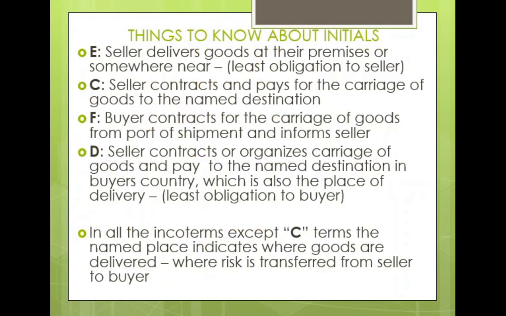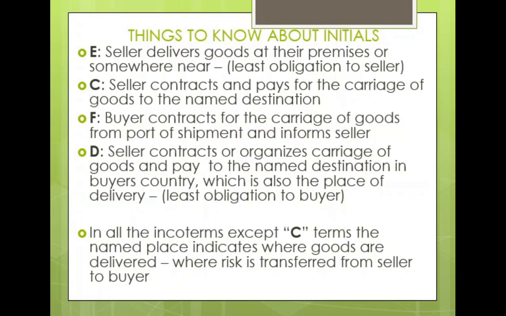There are things you need to know about the initials that I have mentioned in the 4 delivery groups. In initial E, the seller delivers goods at their premises or somewhere near their premises, and this gives the least obligation to the seller. The C group, the seller contracts and pays for the carriage of goods to the named destination.